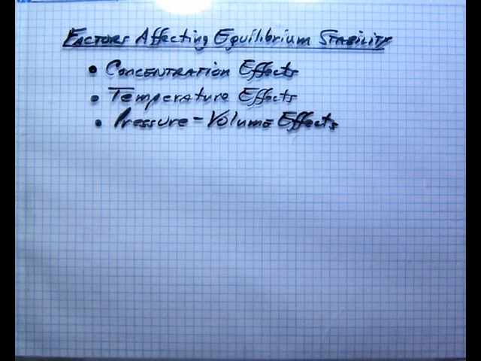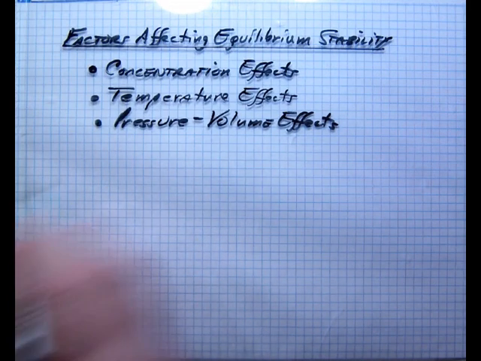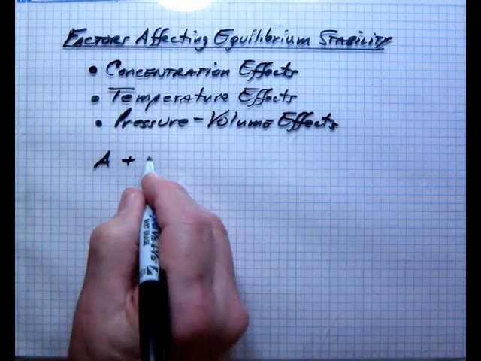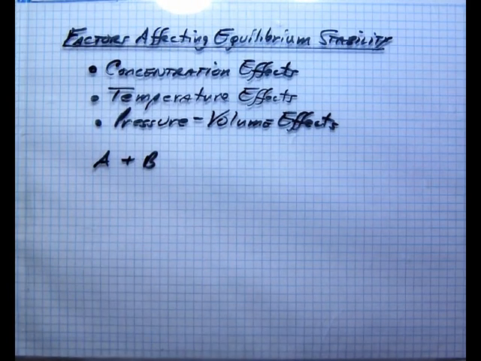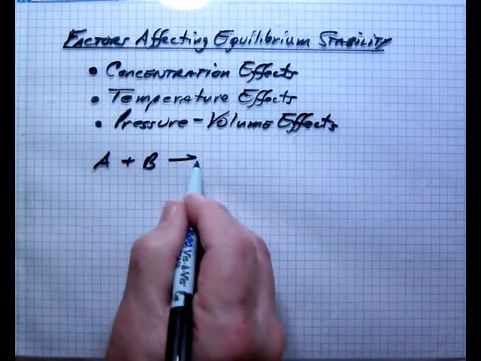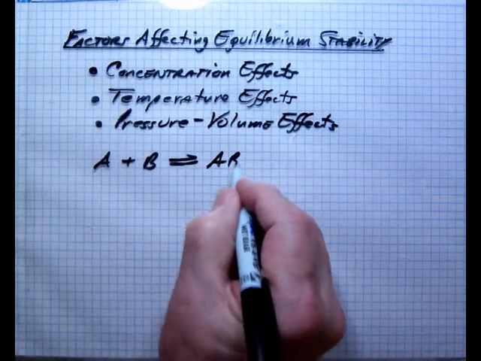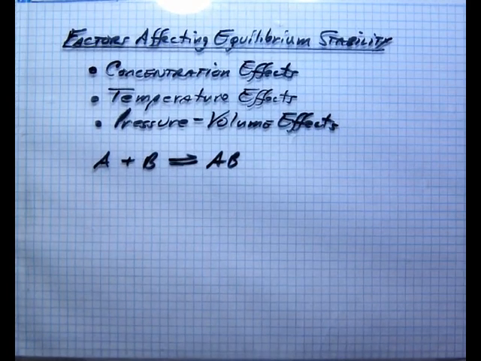The way we will approach this in the context of shifting equilibriums is we'll take a typical reaction, A plus B, aqueous or gas phase or whatever, starting with a dynamic equilibrium like this. And we'll look at it like it's sitting on a seesaw like this.